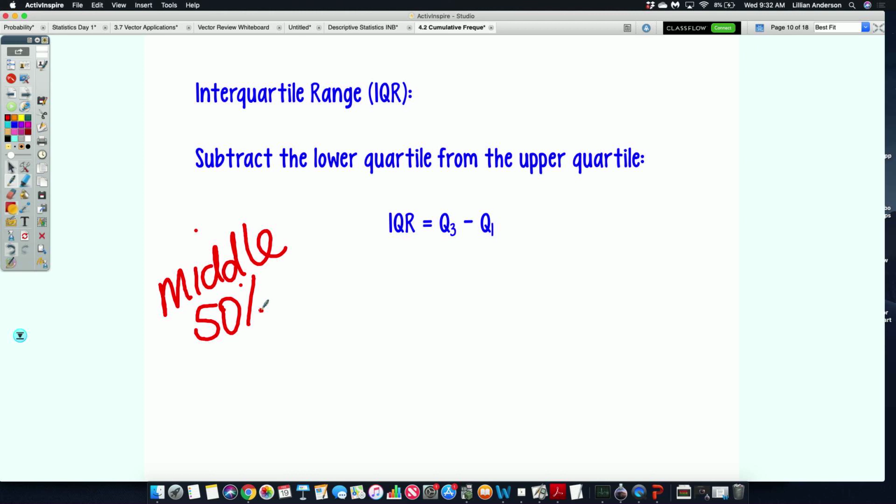What was Q3 from our example? 230. What was Q1? 120. Okay. So if I subtract these two, I get what? 110. So that basically means that 50% of my data covers 110 cars that were monitored over the hour.